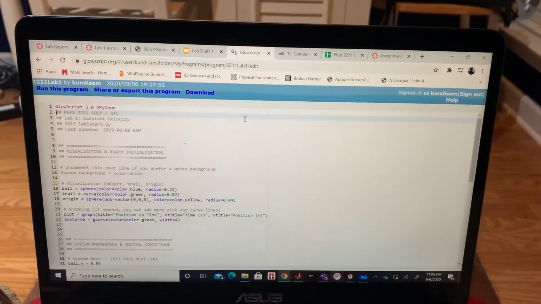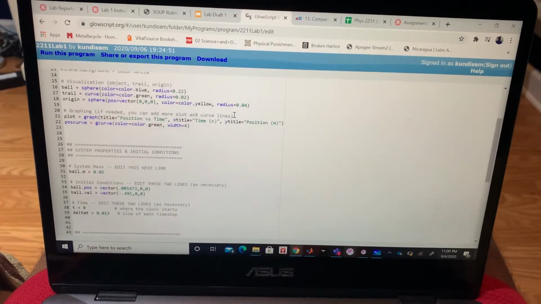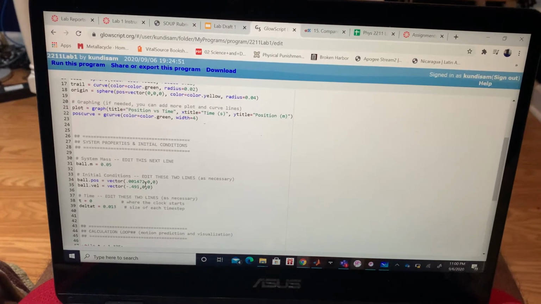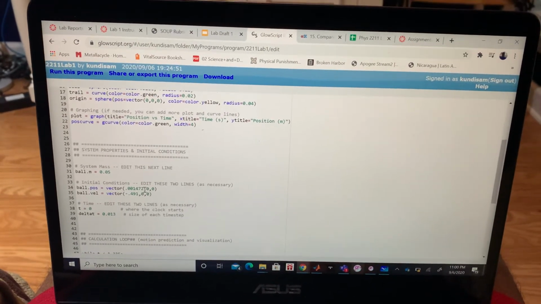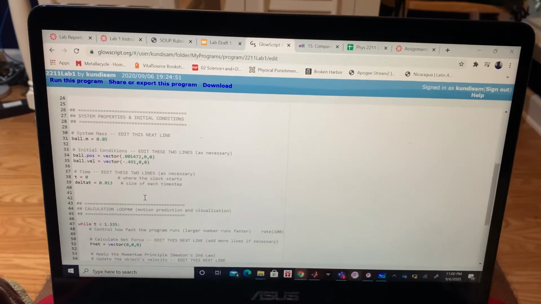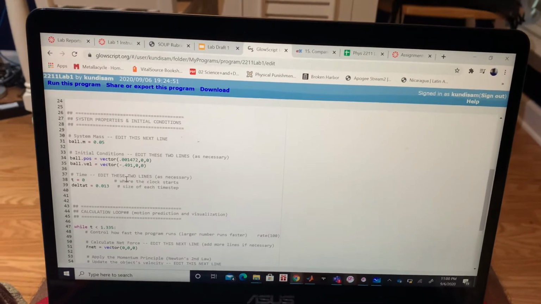I then uploaded these values through starter code that I uploaded through glowscript.org. I was able to add its initial position, as you can see from line 34, and on line 35, its initial velocity.